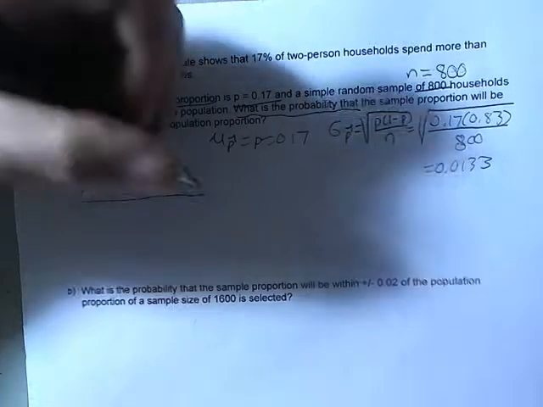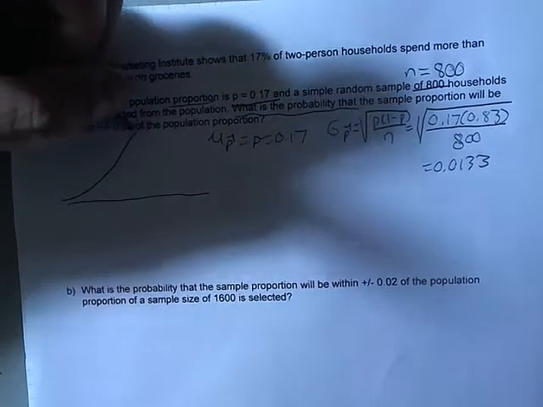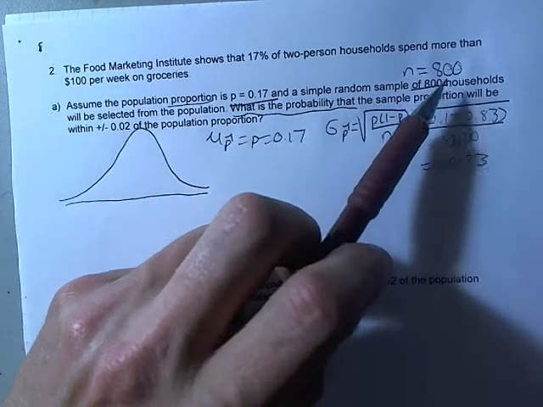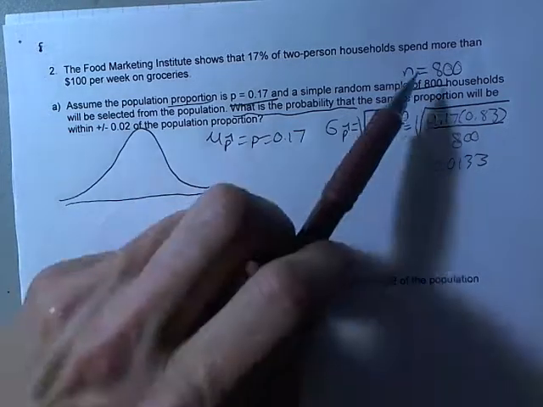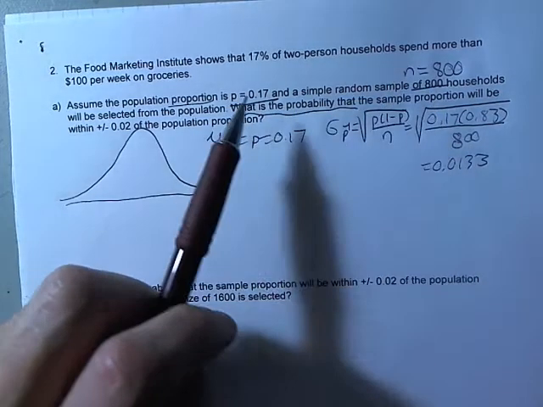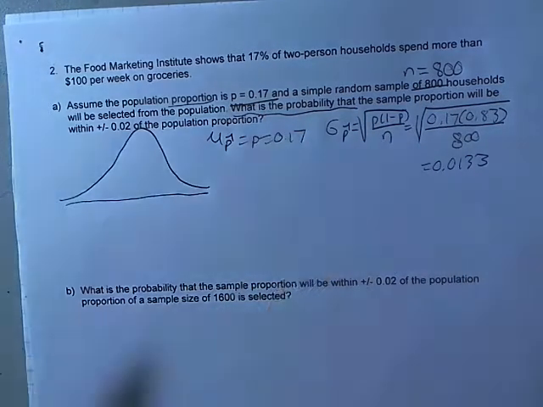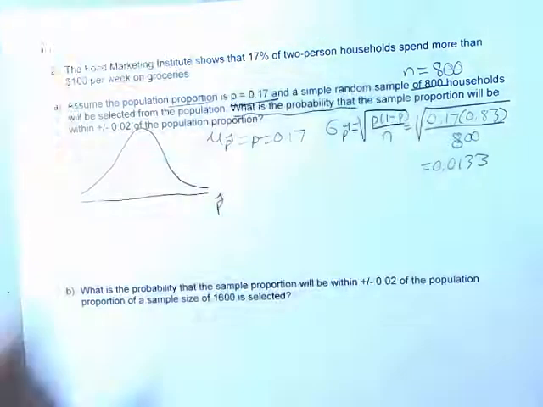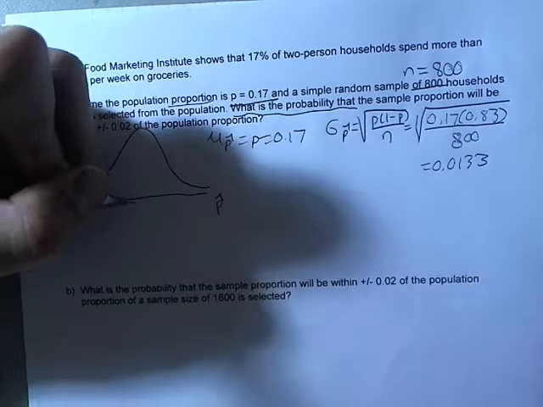So go ahead and sketch this distribution out. In this case, our n is 800. So the smaller of the two assumption values would be n times p. That's going to be well above 5, so both of our assumptions are met. And we'll go ahead and label our x as p hat.